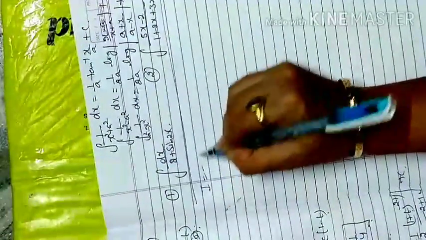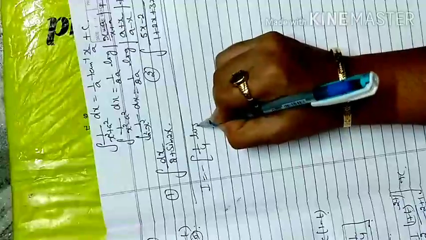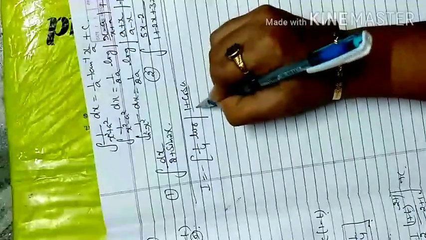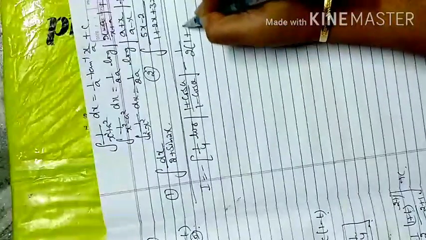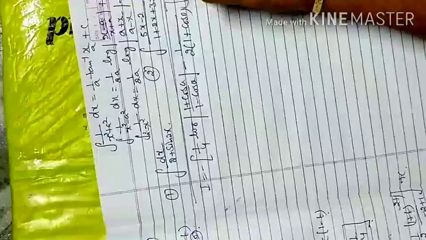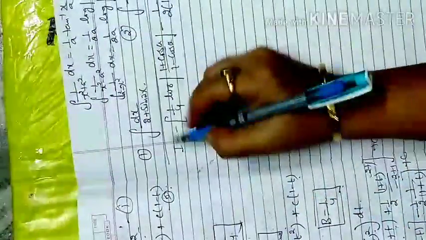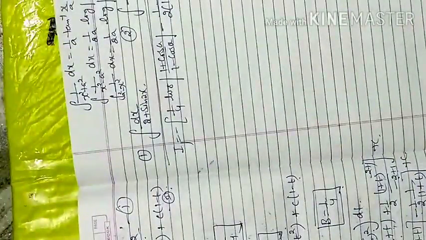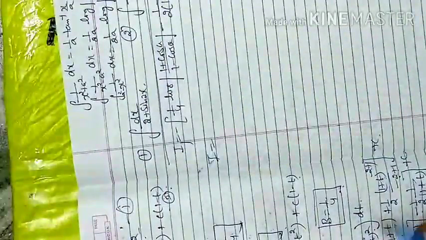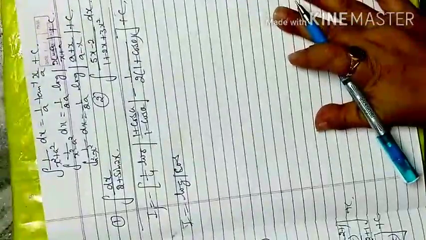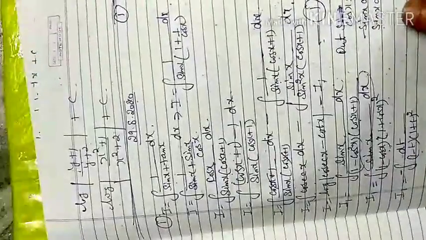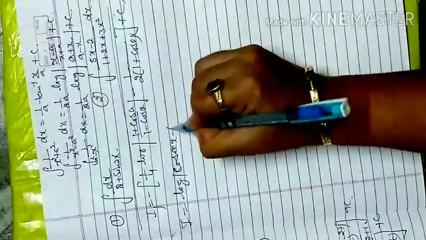So when you apply it here, I1 is equal to minus 1/4 log((1 + cos theta)/(1 - cos theta)), then minus 1/2 (1 + cos theta) plus c. So this is your I1 value, because I am solving I1. But my original I value is log(cosec x - cot x), then minus I1.